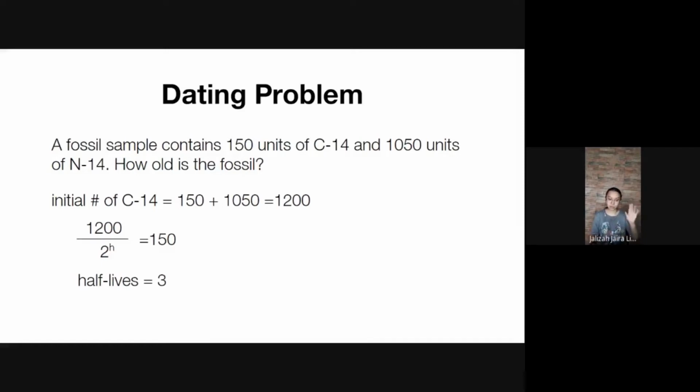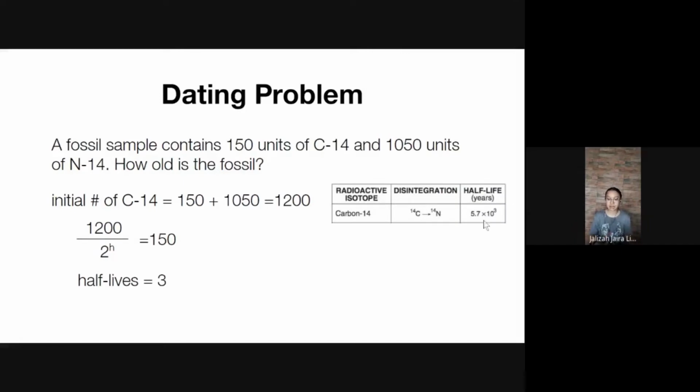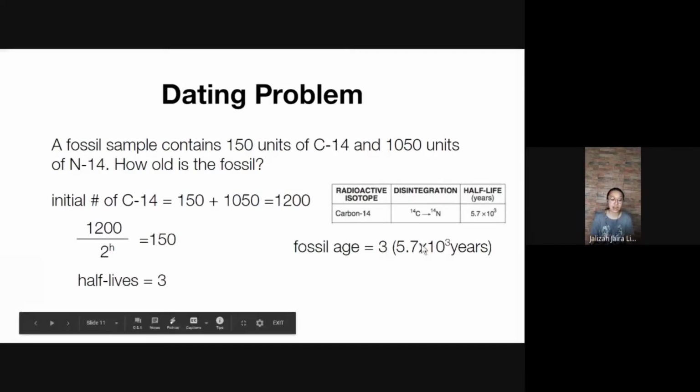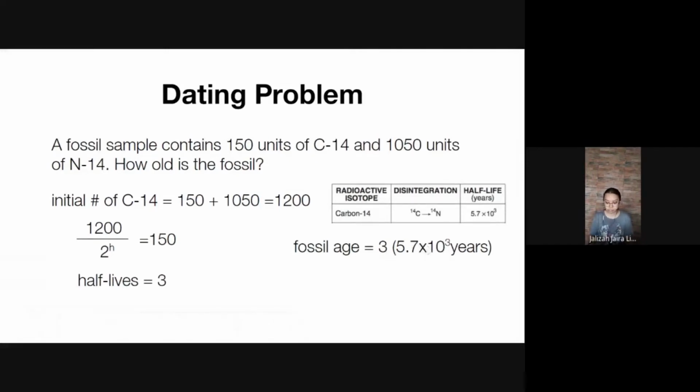So with that, how do you now determine the age of the fossil? You have to go back to the actual half-life of your carbon-14 isotope. It's 5.7 times 10 raised to the 3 years, or 5,730 years. So we simply multiply the number of half-lives to the given half-life of the isotope, carbon-14, and eventually we come up with the age, which is 17,100 years.